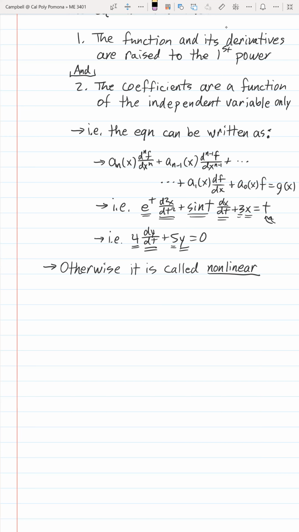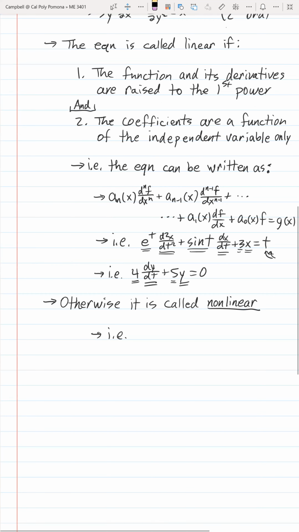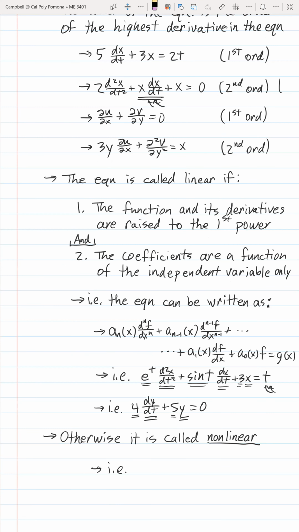We've already seen some nonlinear differential equations, but let's take a look at a couple others. Some of those nonlinear ones were up here. This was a nonlinear differential equation, clearly.